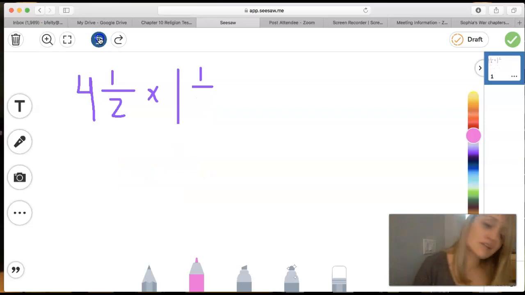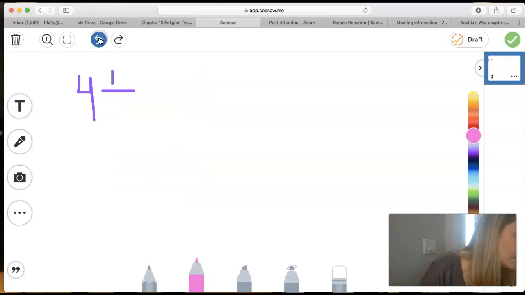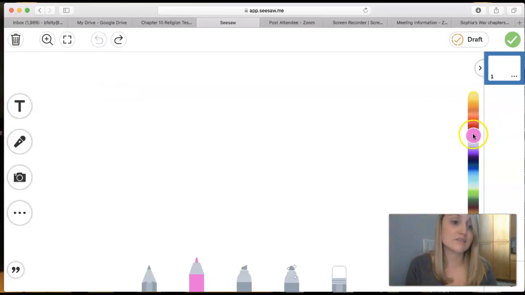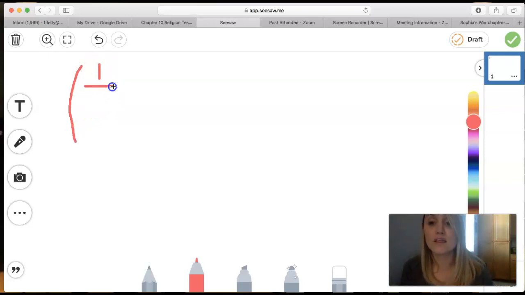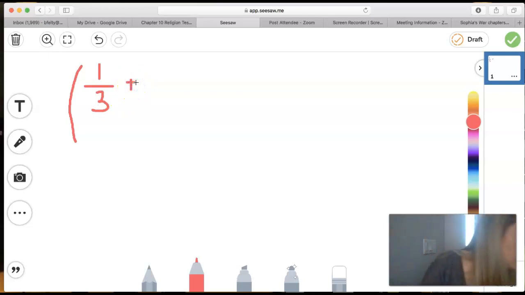Oh, and then let's look at number 17. This one's a little tougher. They try to tie in some of the past chapters. So this one says 1/3 plus 1 4/9.